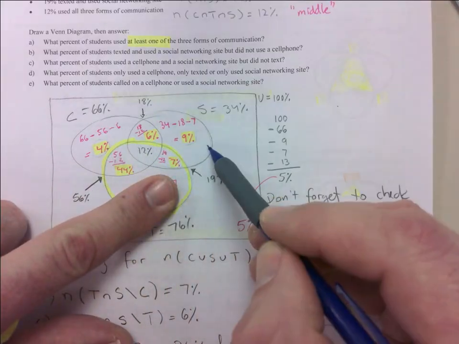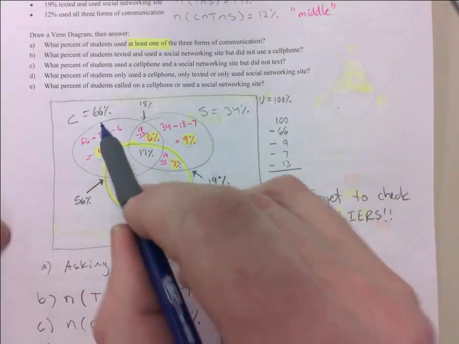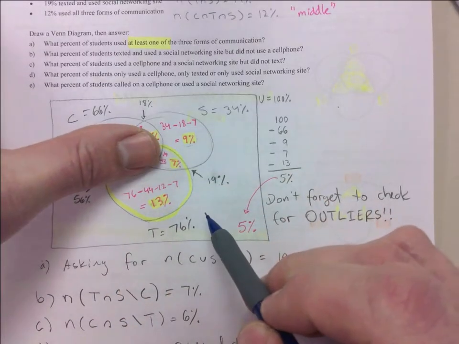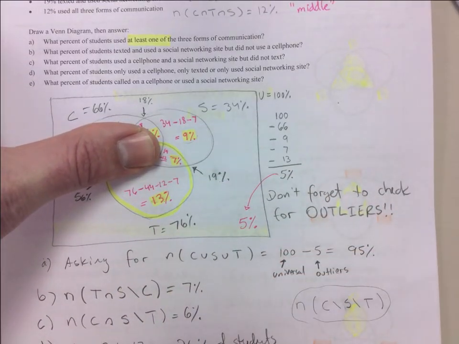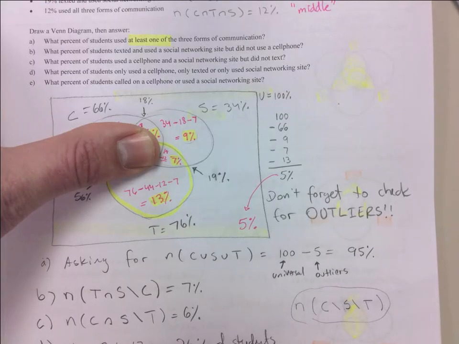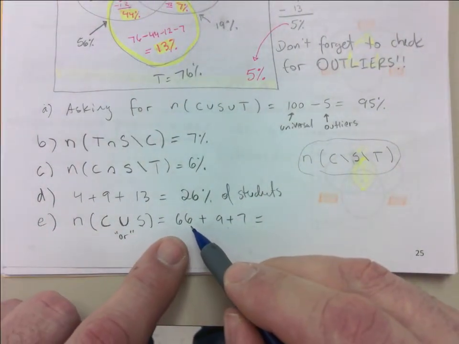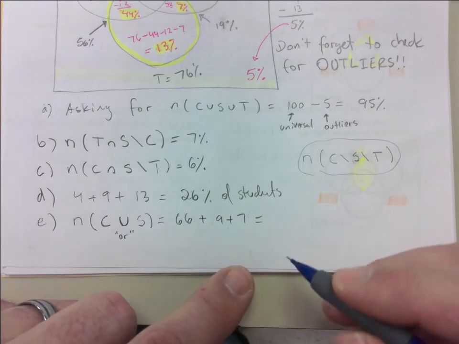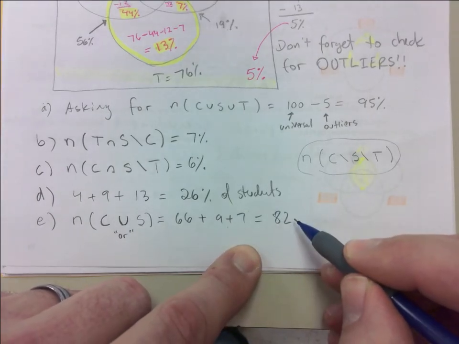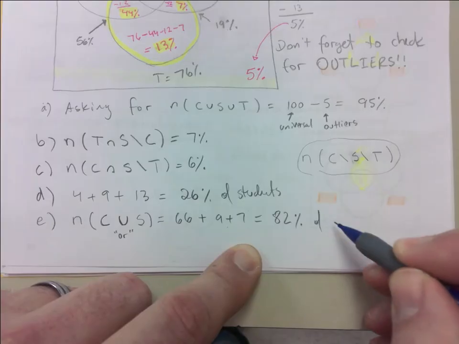So what I'm going to do is take 66, write it down, and go plus 9 and 7. That's, for me, the quickest way of doing that. 66, 9, and 7 shows that. So it's one way of showing your work.